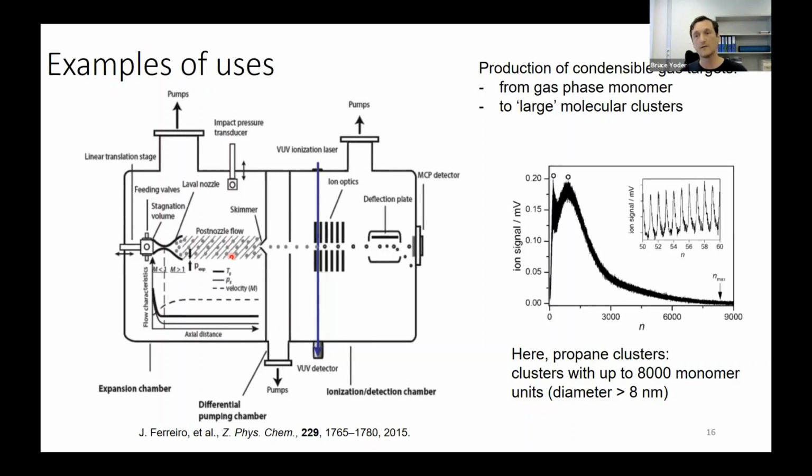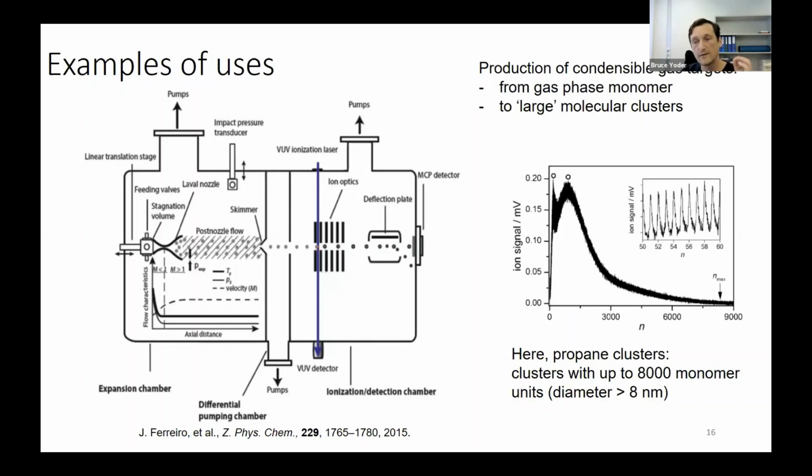The cluster size distribution present in the post-nozzle flow at a specific saturation can be detected by soft ionization mass spectrometry, as we saw for the free jet. For that purpose, the central part of the post-nozzle flow, shown here at the skimmer, is skimmed out and passed through a differential pumping chamber and into an ionization time of flight spectrometer chamber.